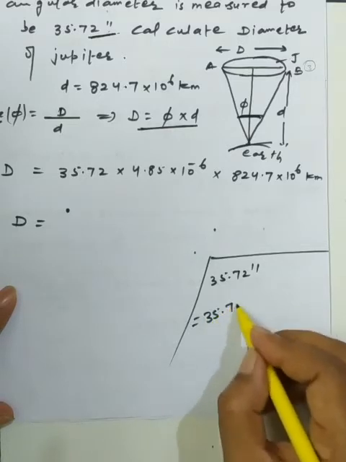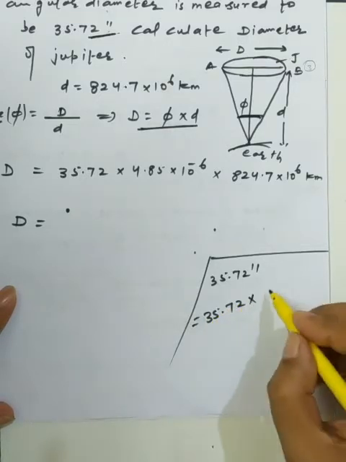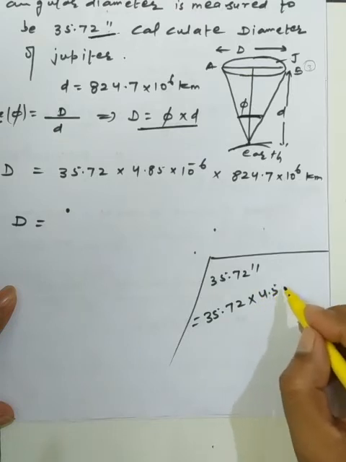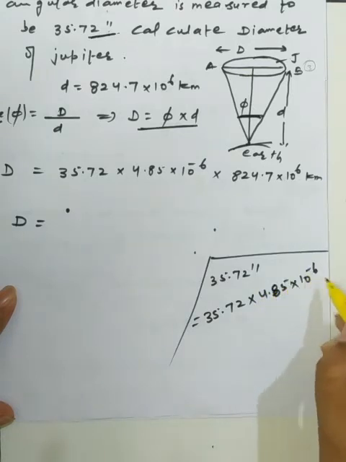In the SI system the radian unit doesn't create an impact, so we write 4.85 × 10^-6 radian.